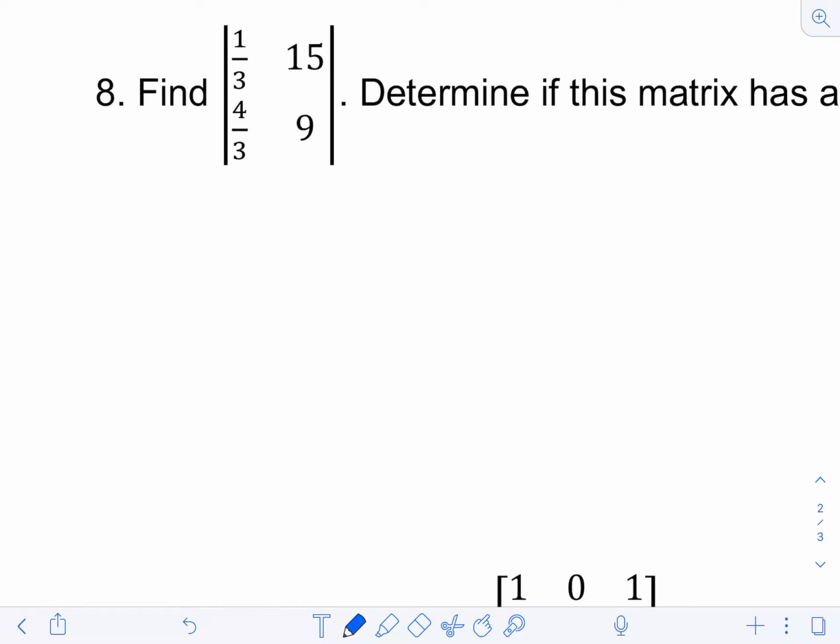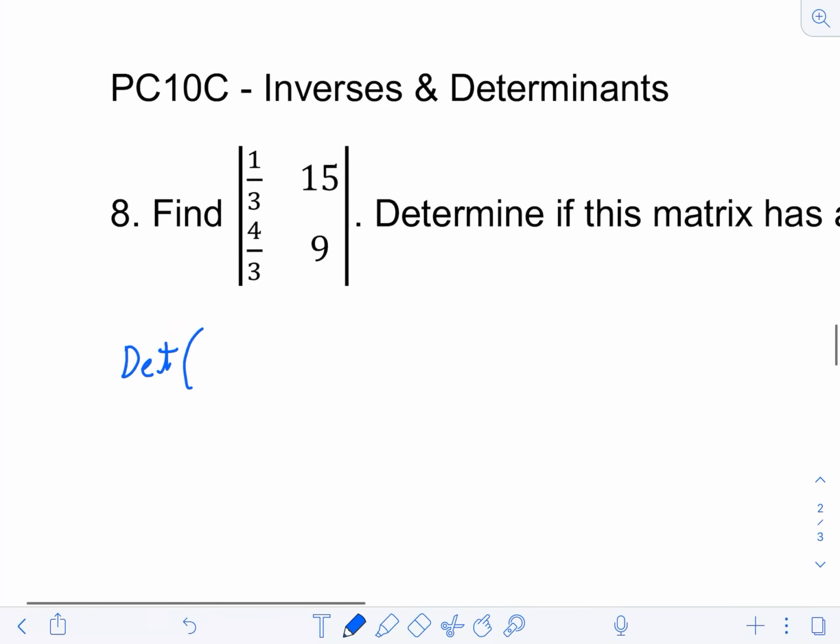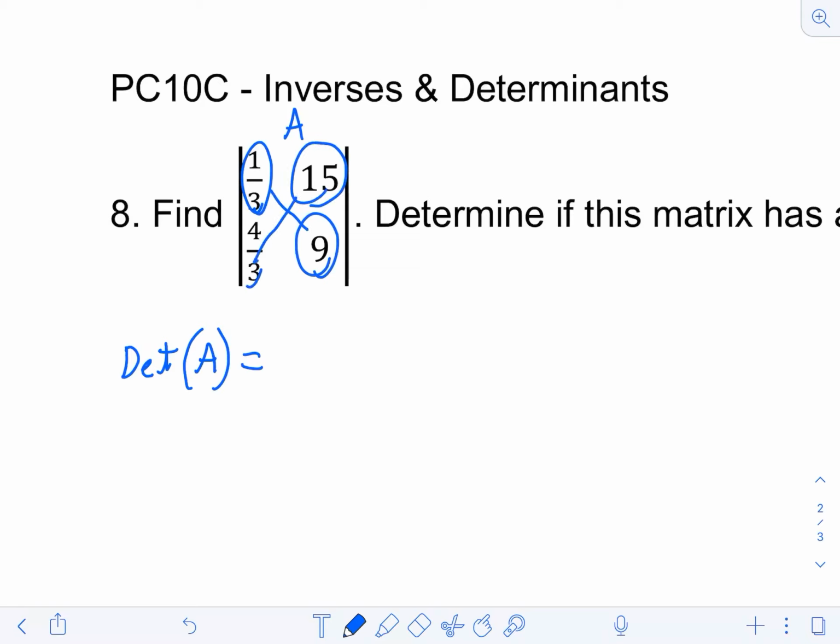Okay. So we want to find the determinant of that matrix, 1/3, 15, 4/3, 9. Well, det is how we would write the determinant, and inside we would just put the name of the matrix. This matrix hasn't been given a name yet, so we're going to call it matrix A. So the determinant of matrix A is equal to a single number: A times D, the first one times the last one, and then we subtract this one times this one.